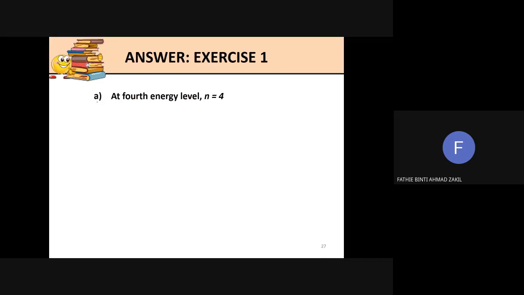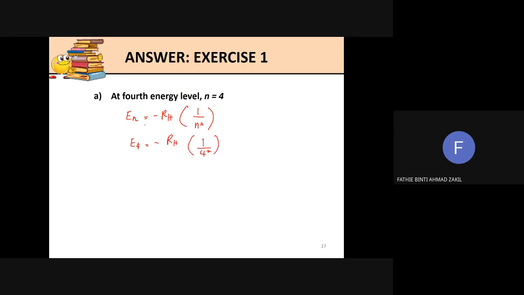Okay, part A. At fourth energy level N sama dengan 4, so you boleh guna ni equation ni, En sama juga dengan negatif RH, 1 over N to the power of 2. Then masukkan semua N tu sama dengan 4, so you akan dapat E4 sama juga dengan negatif RH, 1 over 4 to the power of 2.